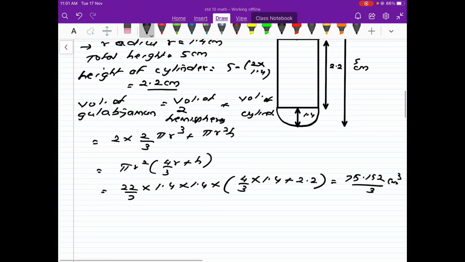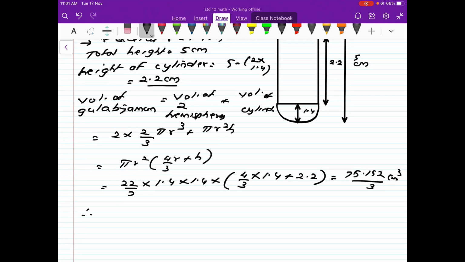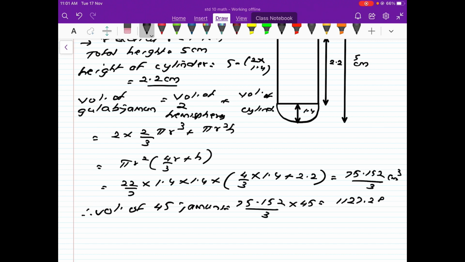Now remember, this is the volume of 1 gulab jamun, therefore the volume of 45 jamuns will be 75.152 upon 3 into 45. So this is 1127.28 centimeter cube. Now volume of the syrup is given as 30%. So we'll find 30% of this value.